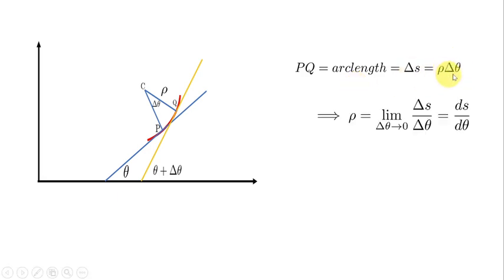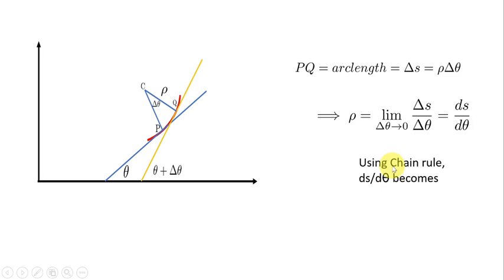This equation tells us that rho, the radius of curvature, is equal to the limit as delta theta tends to 0. What does that imply? P and Q are almost at the same point, so delta S by delta theta becomes ds by d theta. So your radius of curvature is equal to ds by d theta, the change in S with respect to theta.